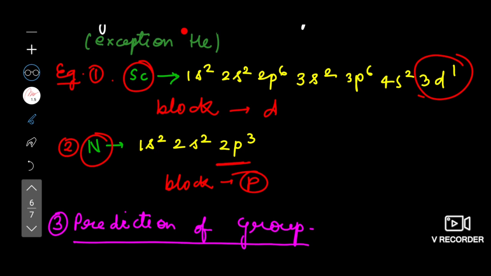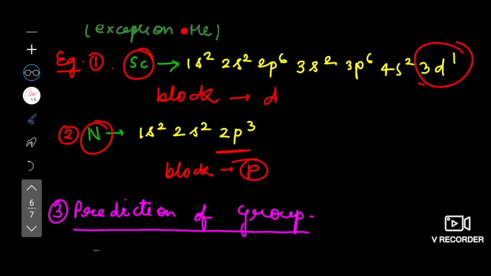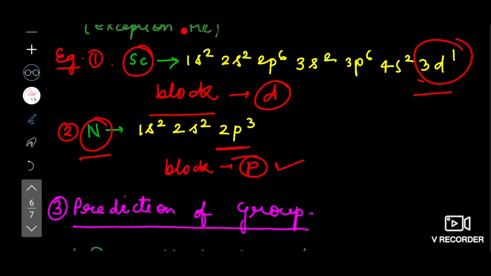As we have seen in scandium, the last electron enters into the d subshell, then the block of scandium is d, and in the case of nitrogen, the last electron enters into the p subshell, then the block of nitrogen is p.